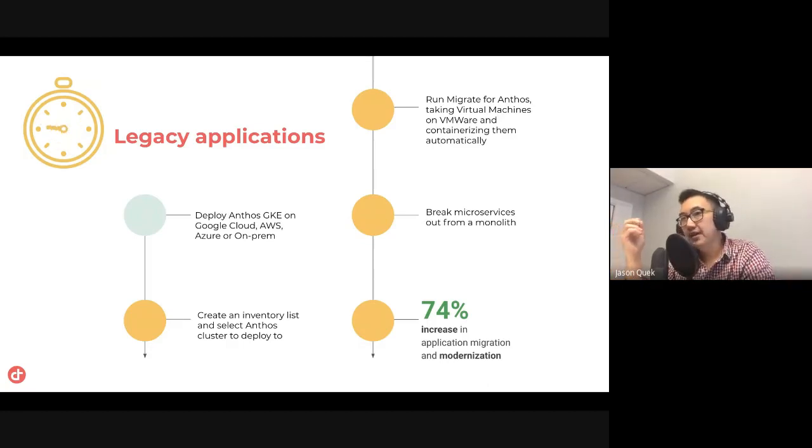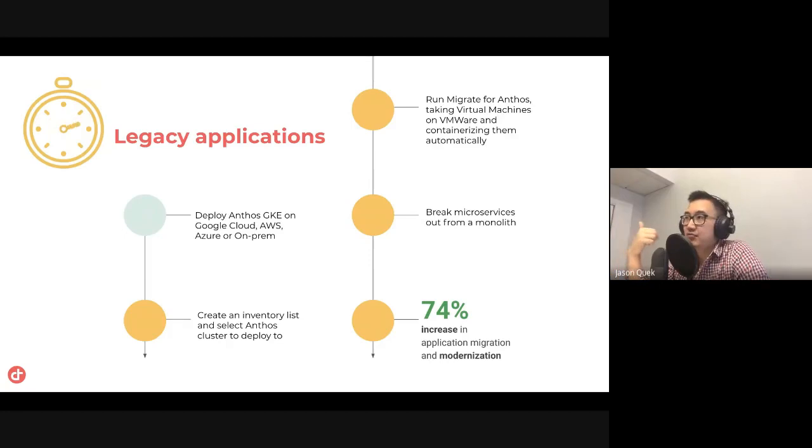What this service does is take virtual machines on VMware and create a Docker file of it, so containerizing them automatically. What this gives you is a fat container. As we all know, a container should be as slim as possible as a microservice, but this gives you a way in. So you containerize into a fat container and you start running it on Anthos first. But what this gives you is the ability to bin pack. So you can pack in as many of these legacy applications to run on Anthos.